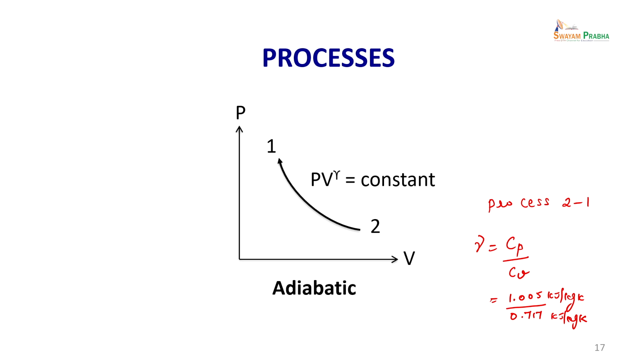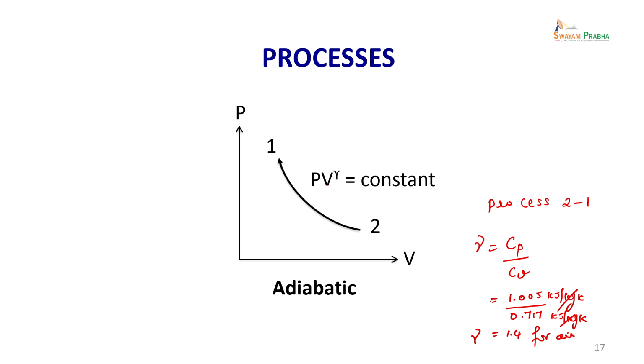So, it is the ratio of specific heat at constant pressure to specific heat at constant volume. This is equal to 1.4 for air. The units get cancelled, so gamma is equal to 1.4 for air. So, PV power 1.4 is for the adiabatic process.